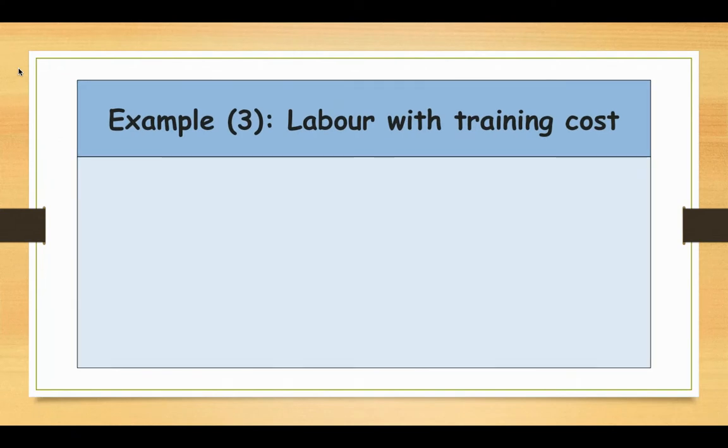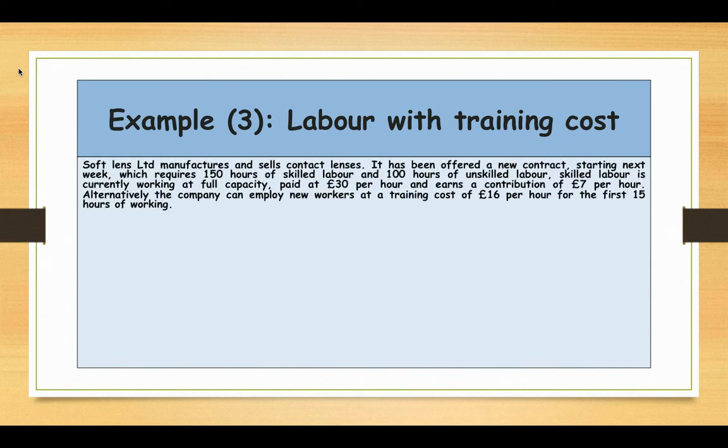We're going to see another example, labor with training cost. So we look at this example. Soft Lens Limited manufactures and sells contact lenses. It has been offered a new contract starting next week, which requires 150 hours of skilled labor and 100 hours of unskilled labor.